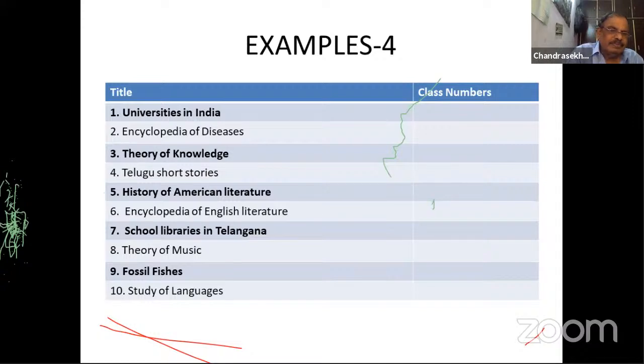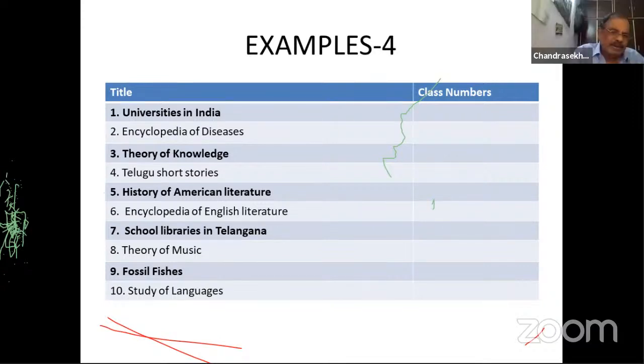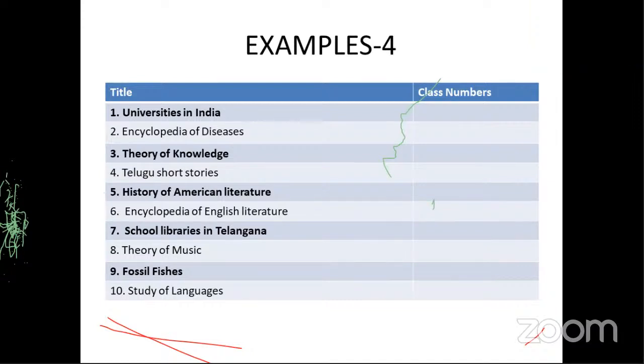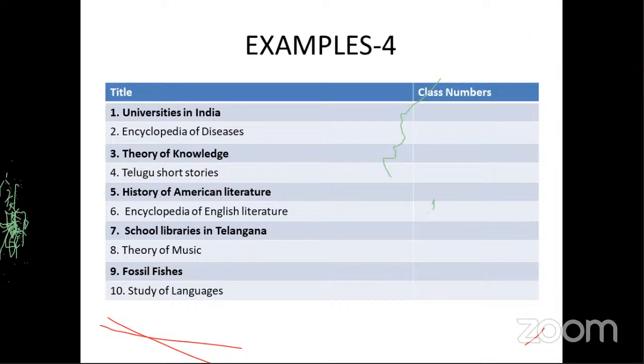Next, fossil fishes. 560, paleontology. So there may be a direct number. Is there a direct number? 563, sir: marine, seashore fossil, invertebrate fossil.